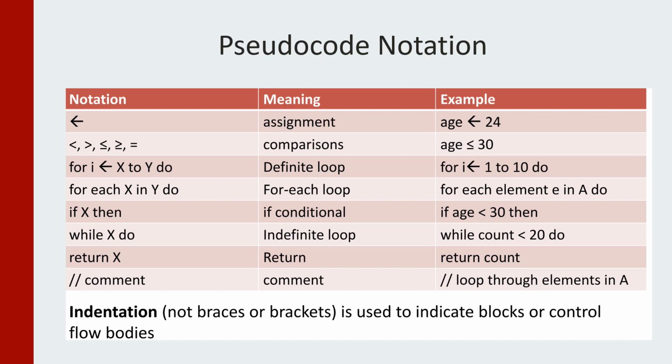So even though there is not necessarily a structure for pseudocode in general, I'm giving you some examples of things that you can do to make it a little bit easier to know what to write when you're doing pseudocode. All right, so with that, let's look at a few more examples and hopefully it'll clarify a little bit more.